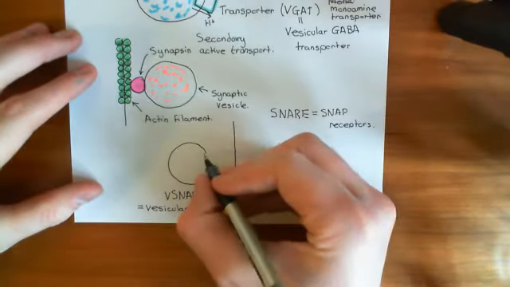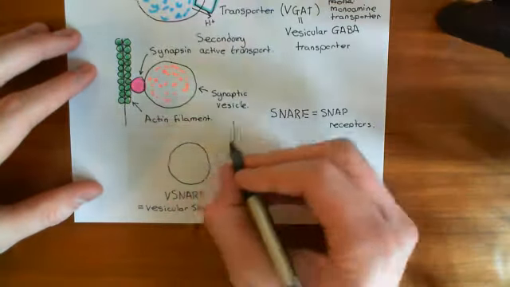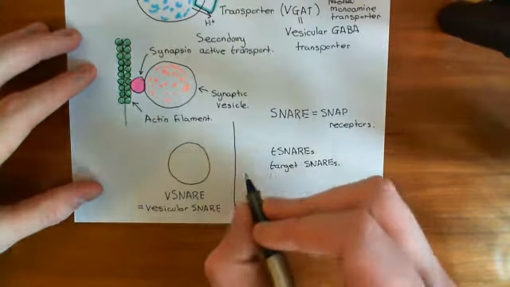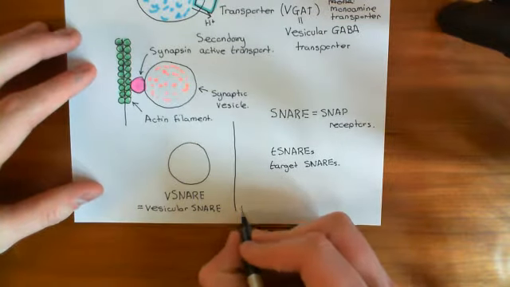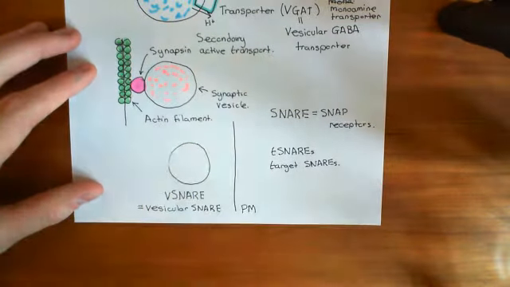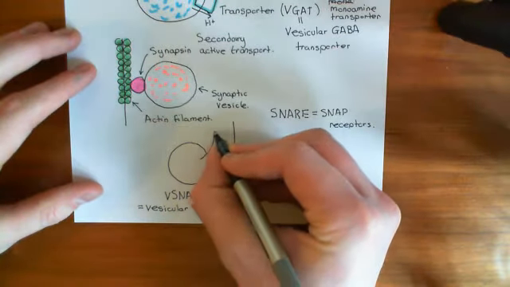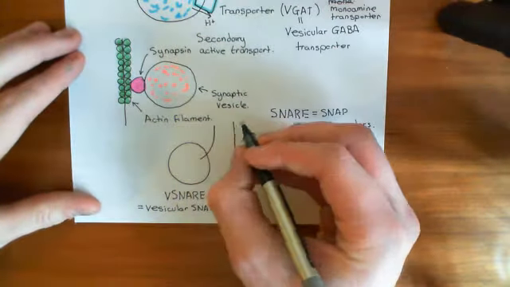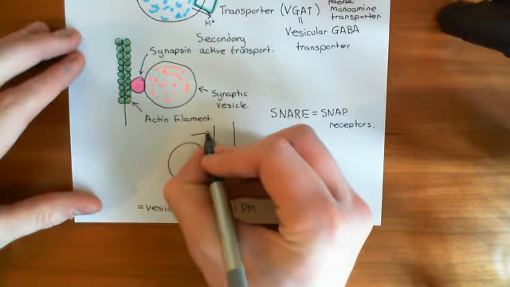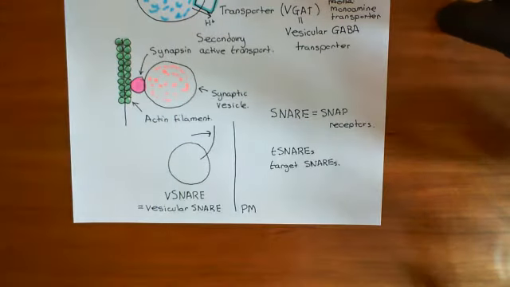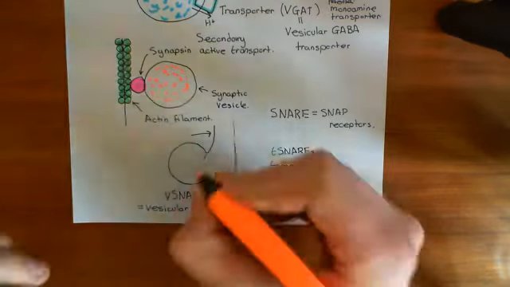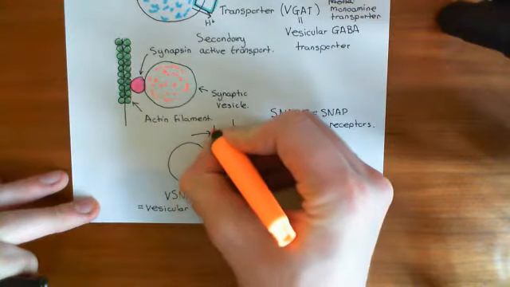Right, so let's talk about which proteins in the vesicle are going to interact with which proteins on the plasma membrane. I should label this up. This is the plasma membrane, PM for short. There is a protein in the membrane of the vesicle known as synaptobrevin 2. There are many different types of synaptobrevin, and the one involved in neurotransmitter release is specifically synaptobrevin 2.